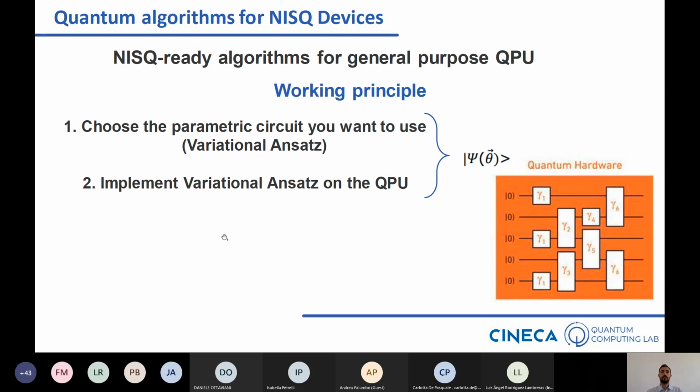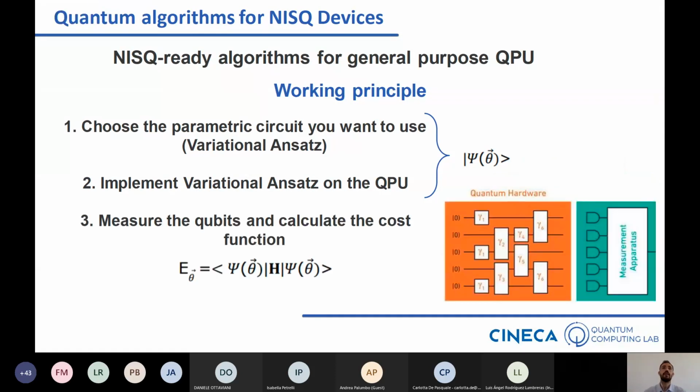And then, of course, the second step is to implement this variational ansatz, this parametric circuit, on your quantum computer. Then the third part is the measurement. When you measure, you use your measurement to calculate some cost function associated with your parametric quantum state.